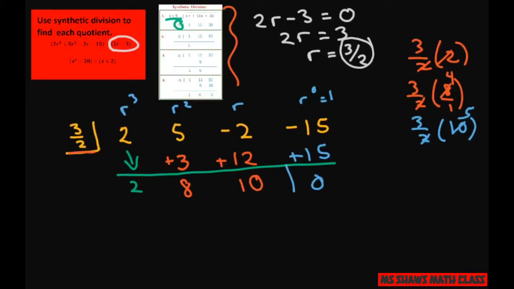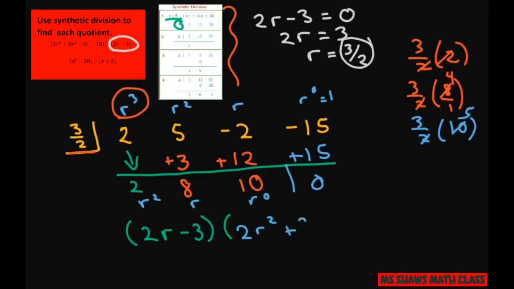All right? So that means that this can be factored as 2r minus 3, and then you go down 1. Since we started with r cubed, this is going to be r squared, r, and r to the 0, which means just the constant. So you're going to get 2r squared plus 8r plus 10.